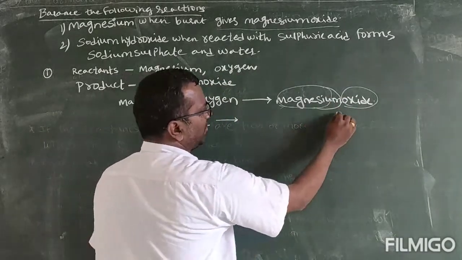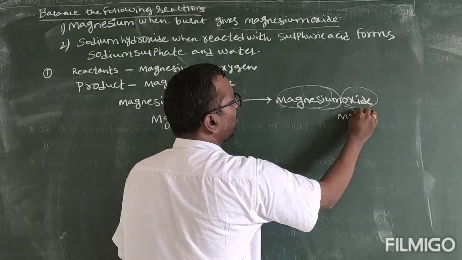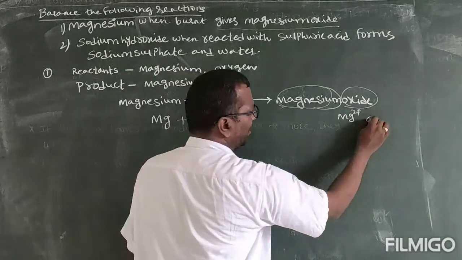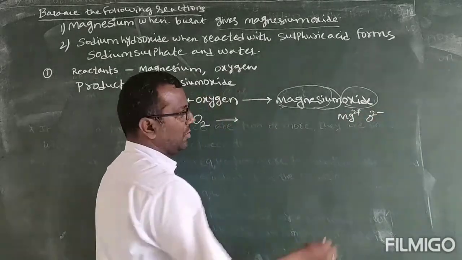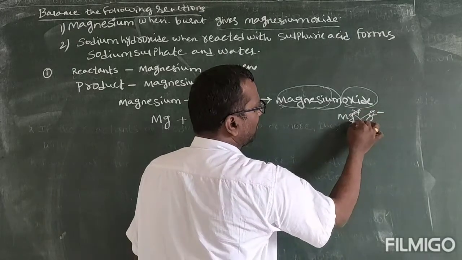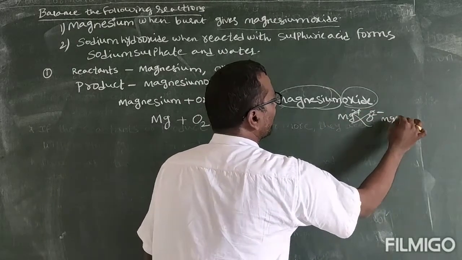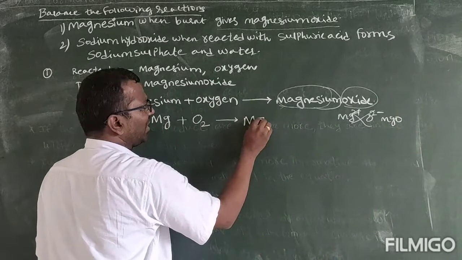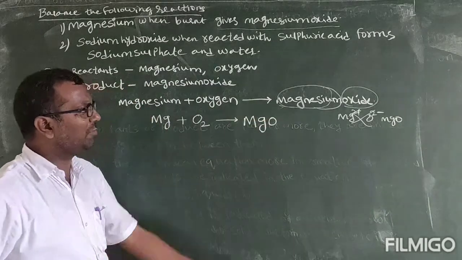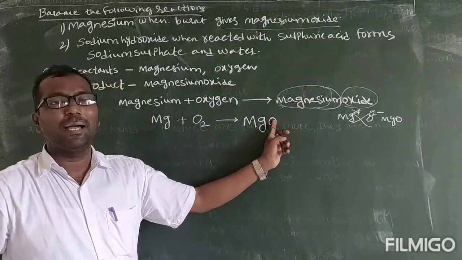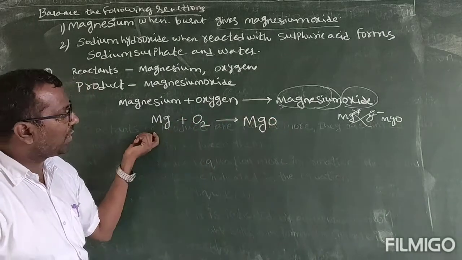Magnesium means Mg2 plus, the cation, and oxide means O2 minus, the anion. So you will get MgO. So the formula of magnesium oxide is MgO.